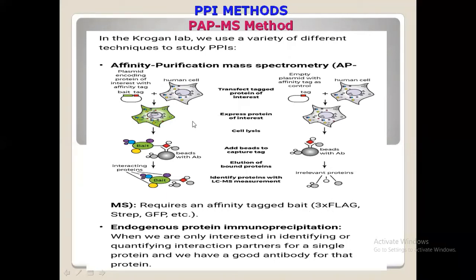Here you can see that you take a plasmid encoding the protein of interest with an affinity tag, a bait tag. The protein is taken, and with that you add a bait tag. This is then allowed to enter a cell, a human cell, for example. So this plasmid usually goes inside.